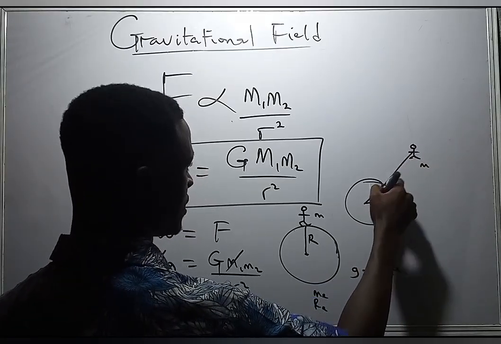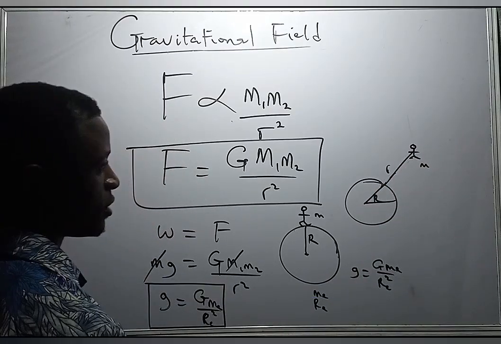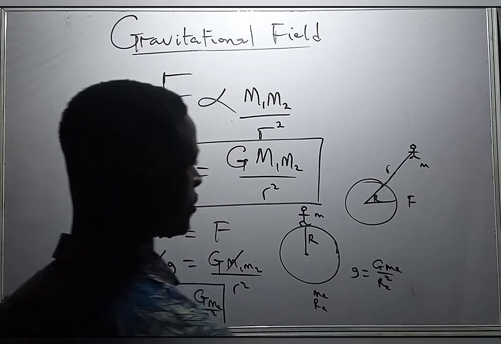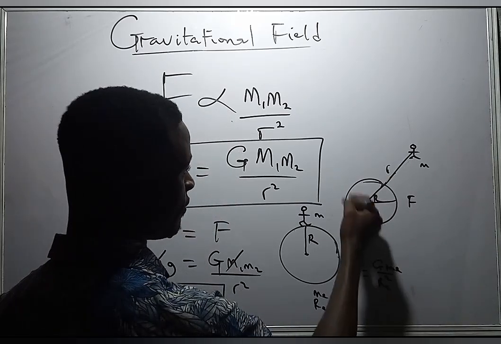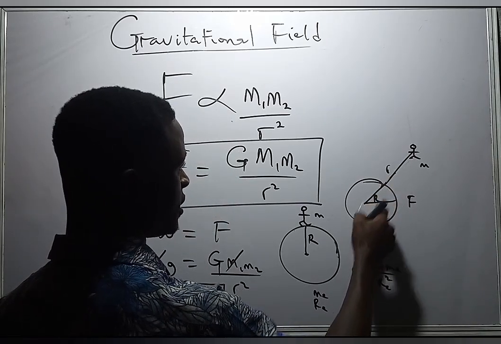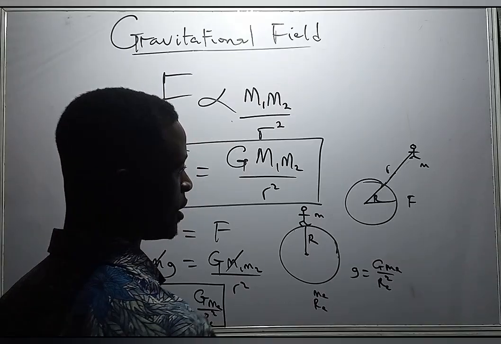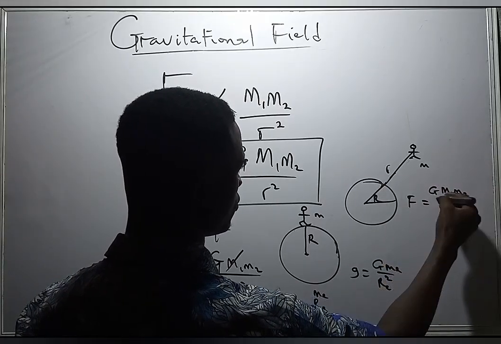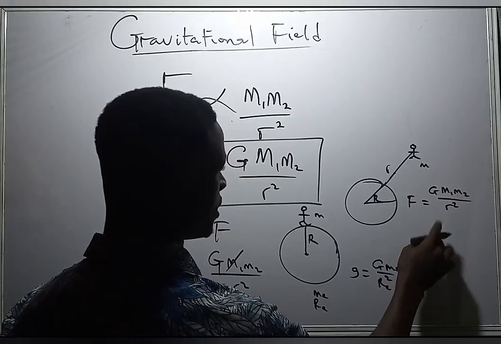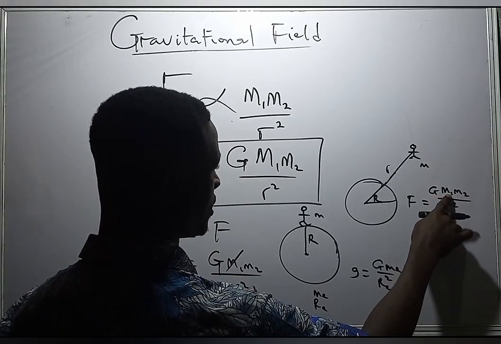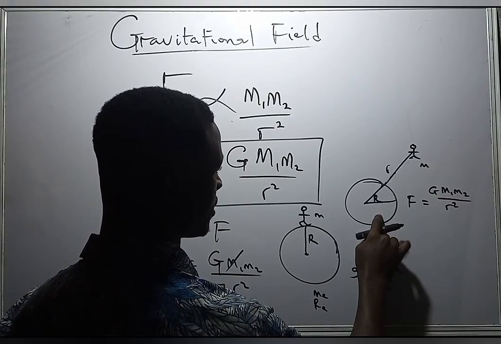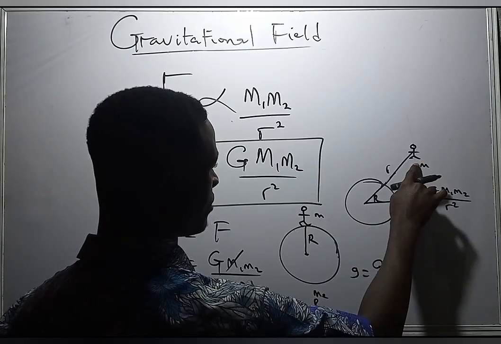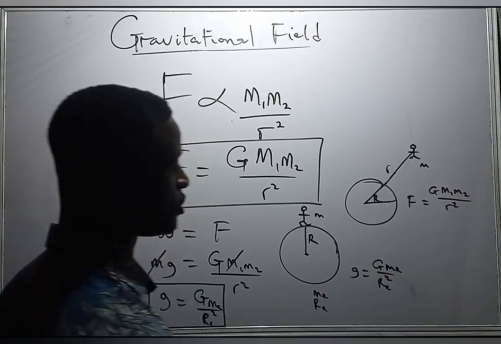That's R. In this case, if you want to know the force of gravitation that the Earth is exerting on that man, you use the formula I gave before: F = G m1 m2 over R squared, where G is the constant. If you take this one as m1, fine, this will be m1, this will be m2, then the distance of separation between them.